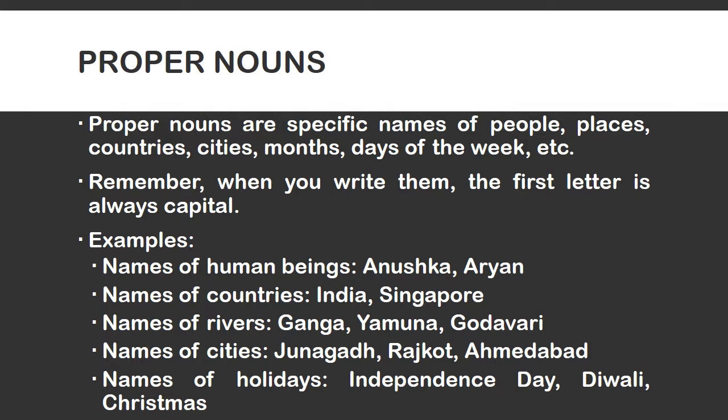Names of countries, India, Singapore. Names of rivers, Ganga, Yamuna, Godavari. Names of cities, Junagadh, Rajkot, Ahmedabad. Names of holidays, Independence Day, Diwali, Christmas. Always see that the first letter of names is always capital regardless of their position in the sentence.